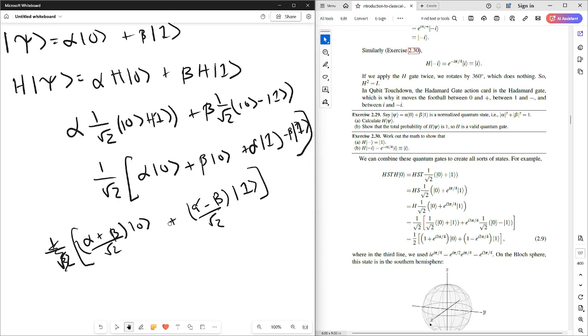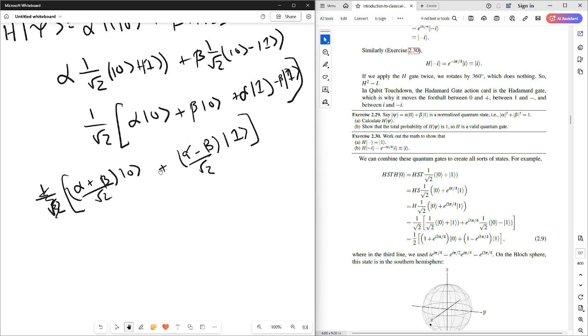Let's verify. First off, let me make sure that that is the correct state. 2.29. Yes. Okay, that is the correct state. Perfect. Now let's calculate the total probability to verify that they are normalized and therefore H is a valid quantum gate.